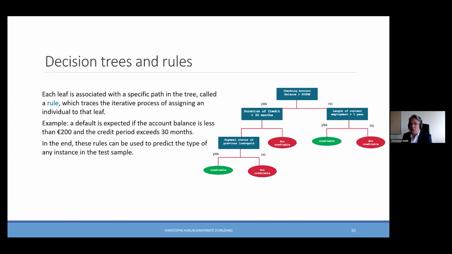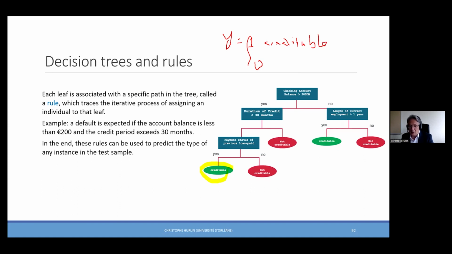Because in a final leaf, I take a decision about y. For instance, let us imagine that my target variable y is equal to 1 or 0. 1 if it's creditable, the borrower is creditable, I give the credit, and 0 otherwise.